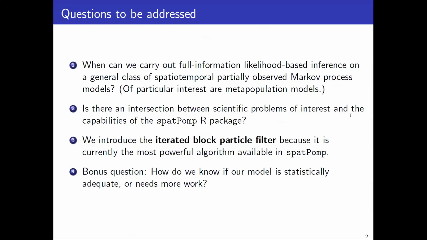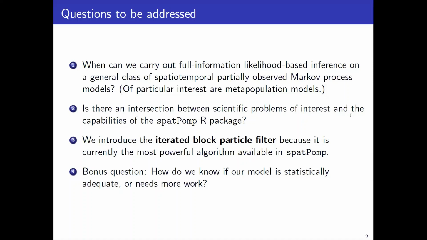Okay, so the goal of this talk is to carry out full information likelihood-based inference for general partially observed Markov processes. This means that it's nonlinear, it's non-Gaussian, and you only observe it with some noisy function.